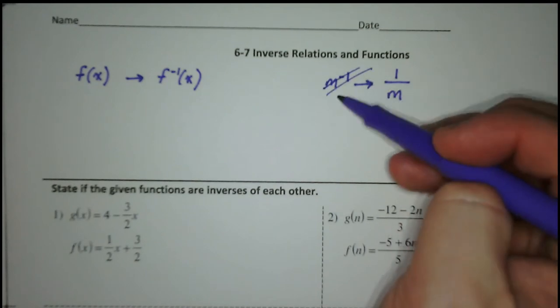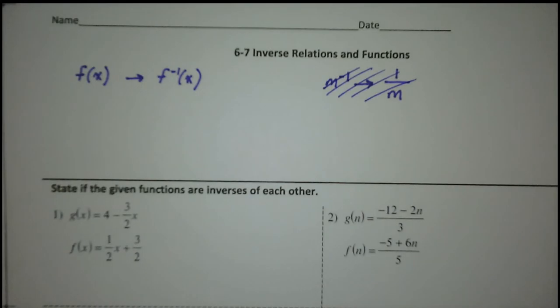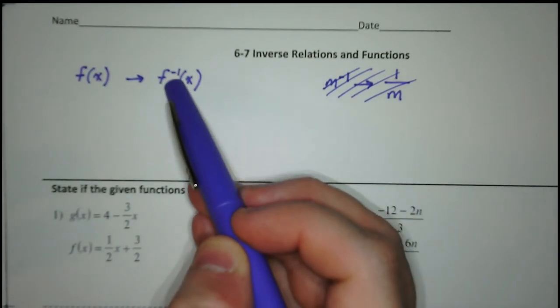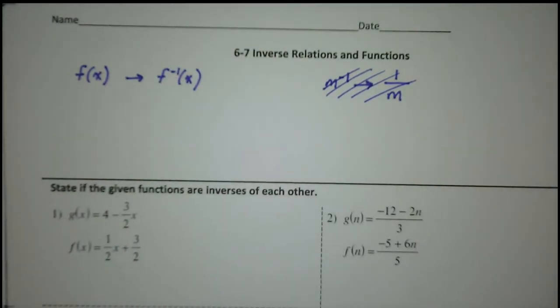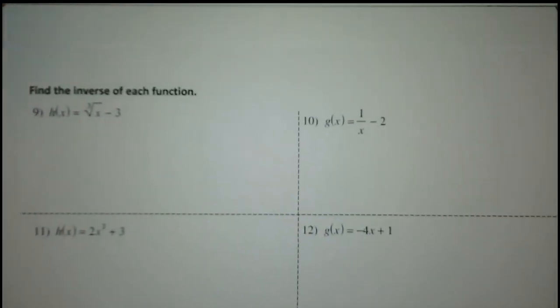But when you're doing the inverse of an entire function, it does not mean that. I don't know why they use that notation. Because what an inverse of a function actually means, and you know what, gang, I'm going to go to the second page here first.